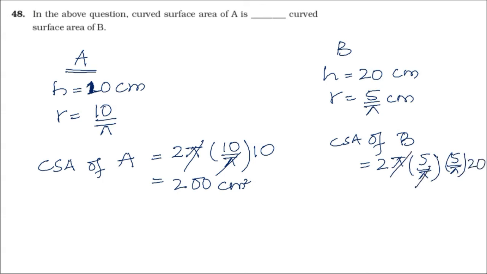Pi gets cancelled. So 5 times 20 times 2 is 200 centimeter square. Both have the same curved surface area. So in the above question, the curved surface area of A is the same as the curved surface area of B.